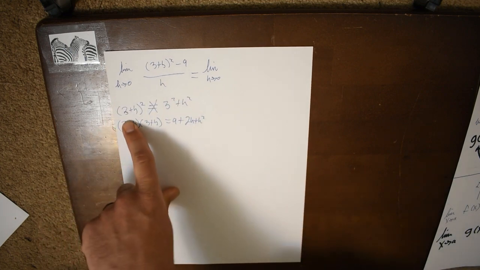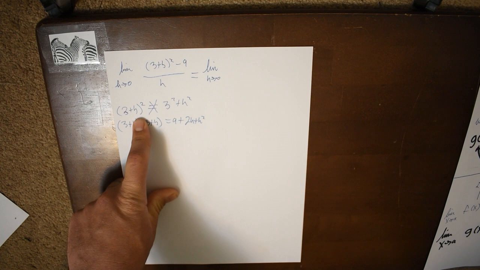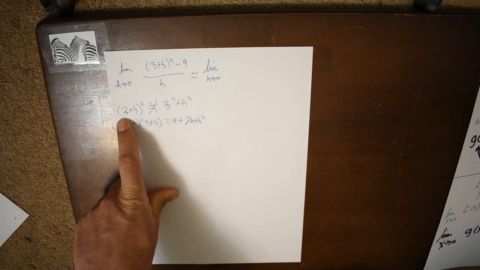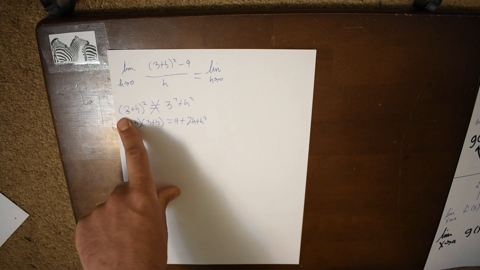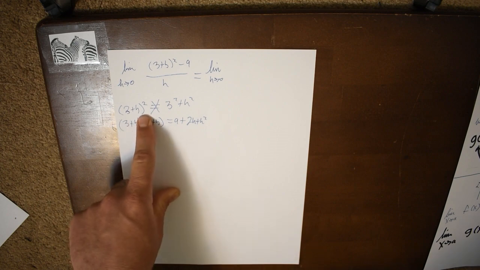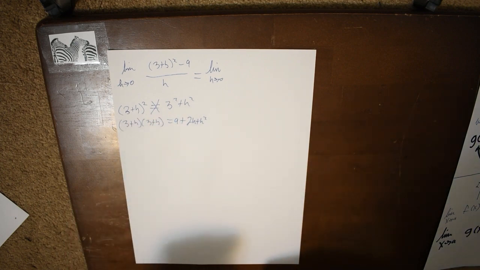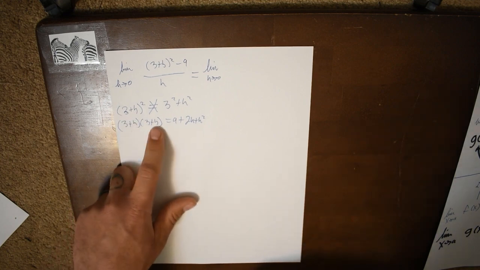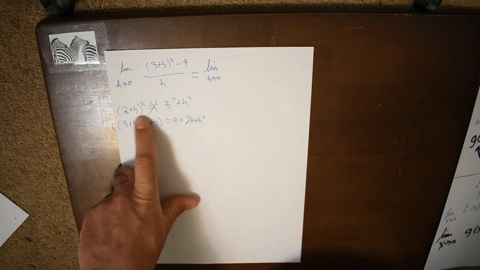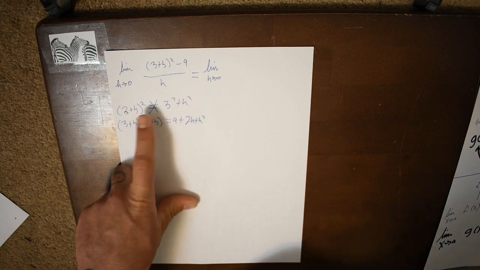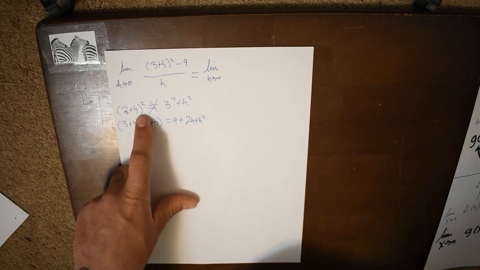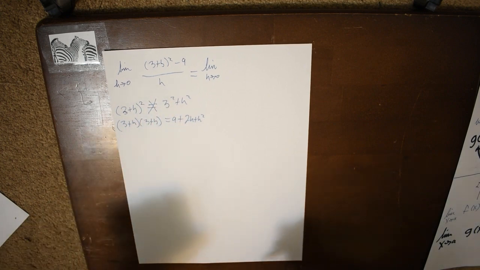This is one I'm usually not too strict on algebra mistakes, but this is one mistake I am pretty strict on. I'm very lenient on it until I am teaching calculus, and by the time I'm in calculus, I say you guys need to break yourself of this habit. This is definitely worth more than a half a point off if I see you say 3 plus h quantity squared is 3 squared plus h squared.